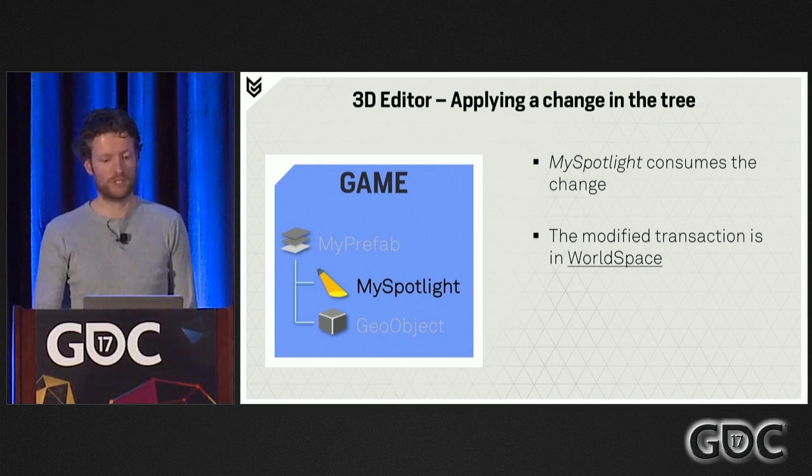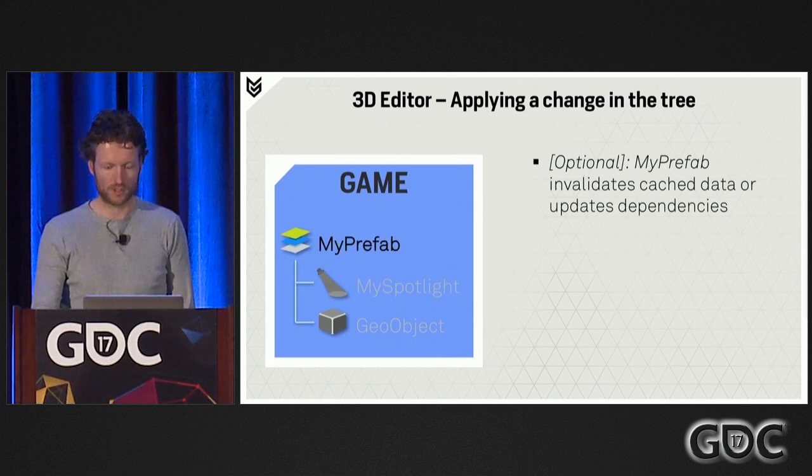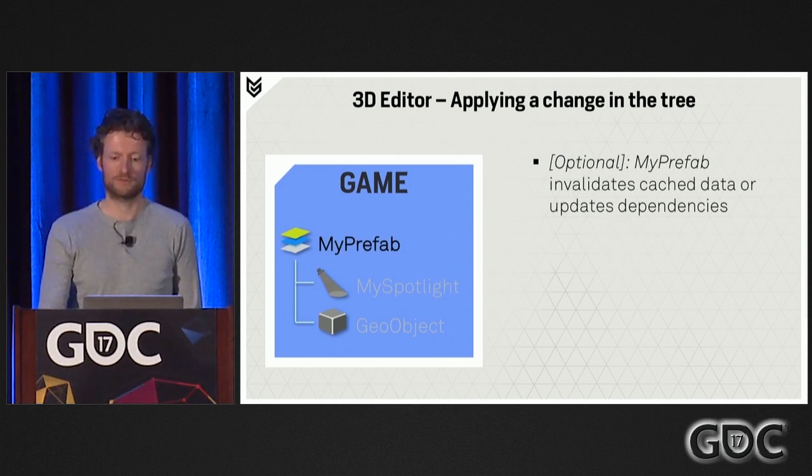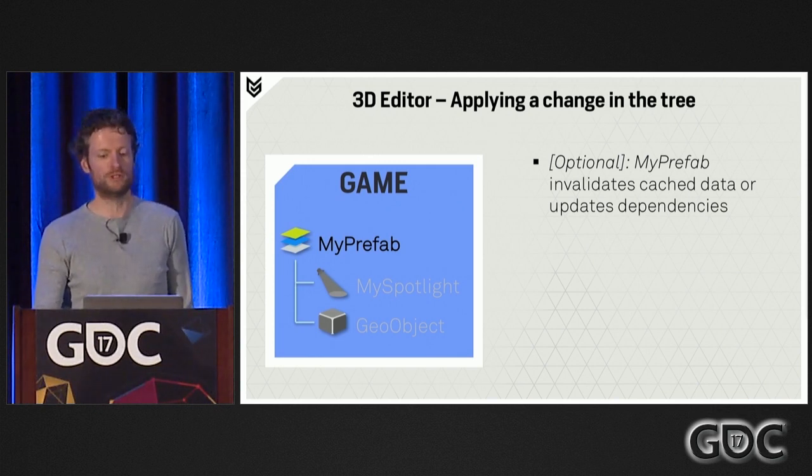It can do its modification, and because the data has flown through its parent, the data transaction will now be in world space. Because these steps are recursive, we return back to the prefab after successful application of the change in the spotlight. Should an ancestor node need to respond to changes of its children, this is the place where you could do it. More advanced objects might trigger updates to vegetation placement or terrain, as we'll see in the following video.